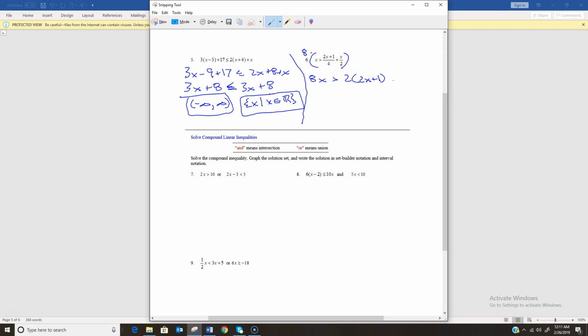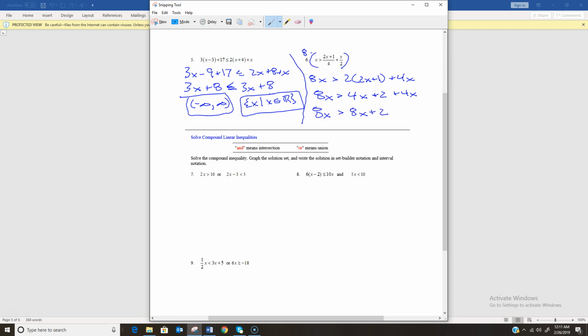And then the 8 and the 2 cancel to make a 4, so I have plus 4x. So 8x is greater than 4x plus 2 plus 4x. And so we need 8x to be greater than 8x plus 2.